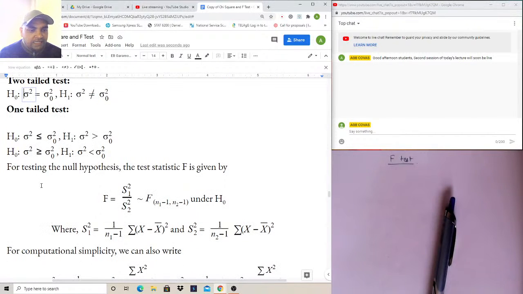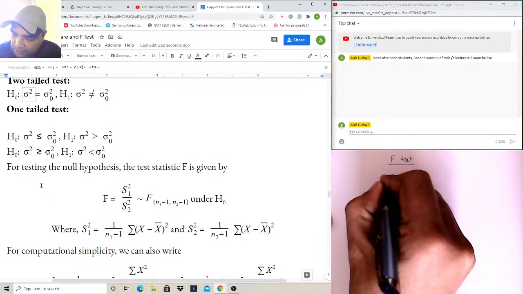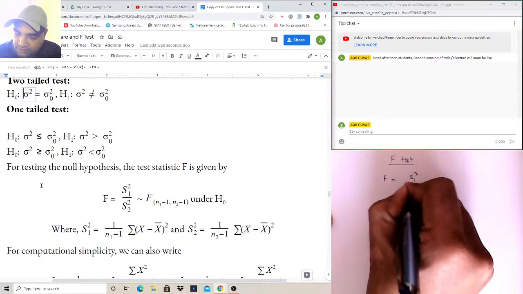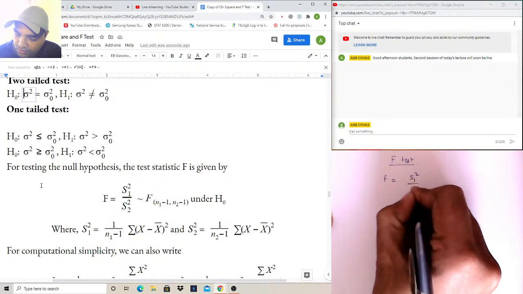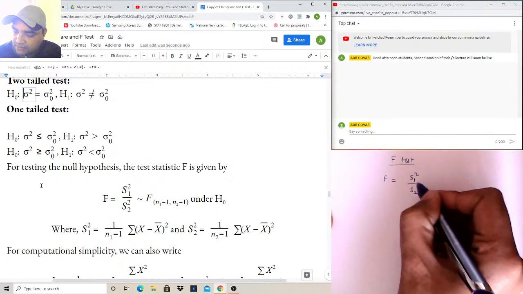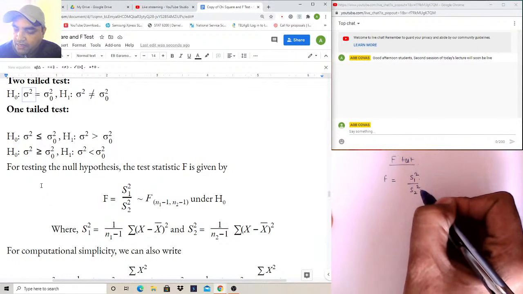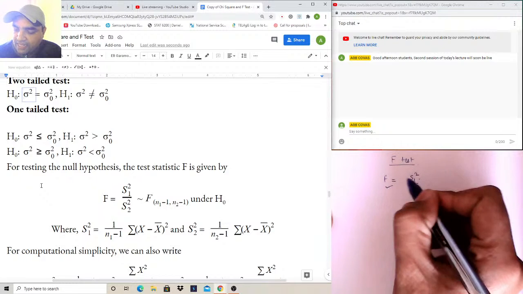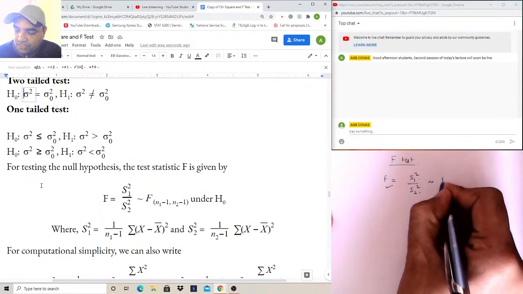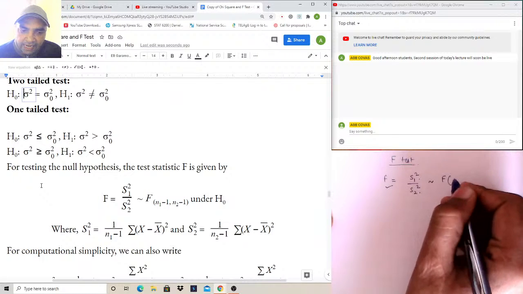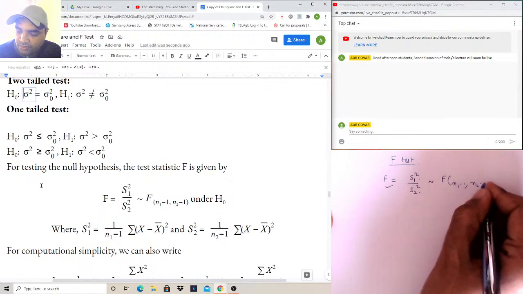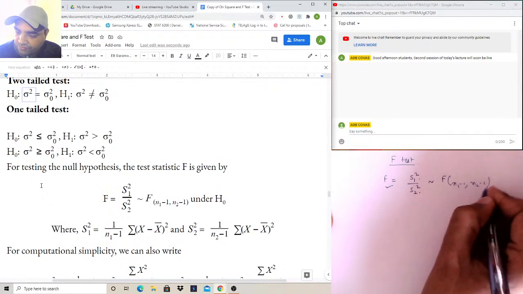For testing the null hypothesis, the test statistic F is given by F = s1 square upon s2 square, that is, the variance of sample 1 divided by the variance of sample 2. This is your F statistic, which follows the F distribution at n1 minus 1 and n2 minus 1 degrees of freedom.